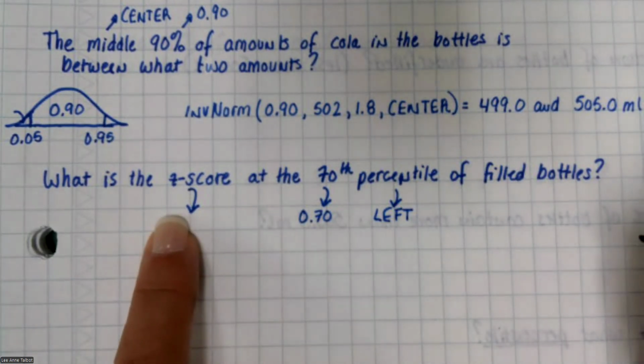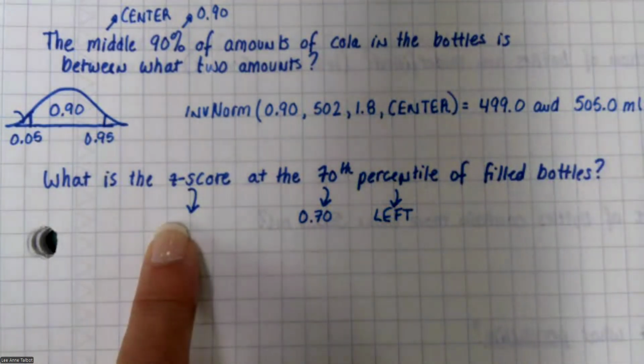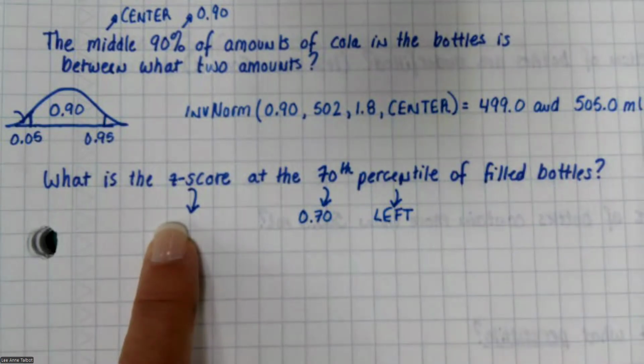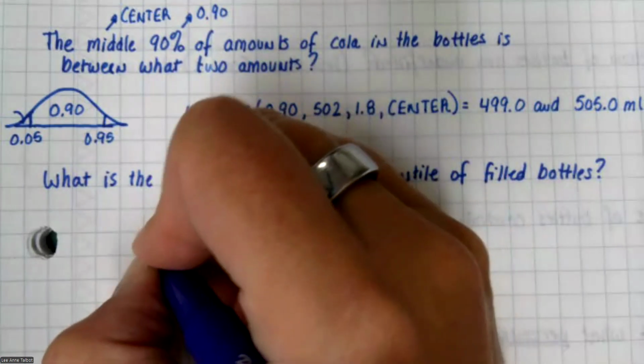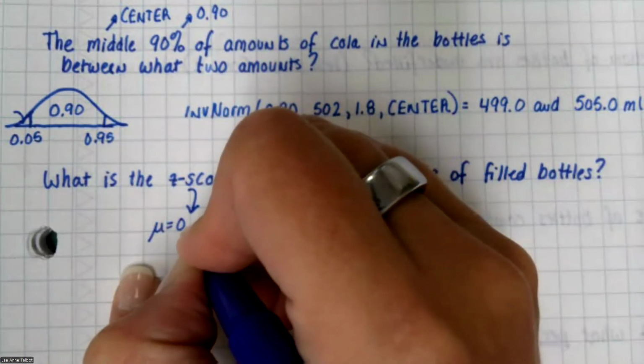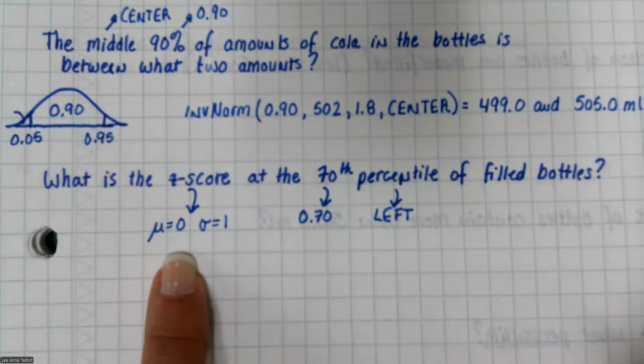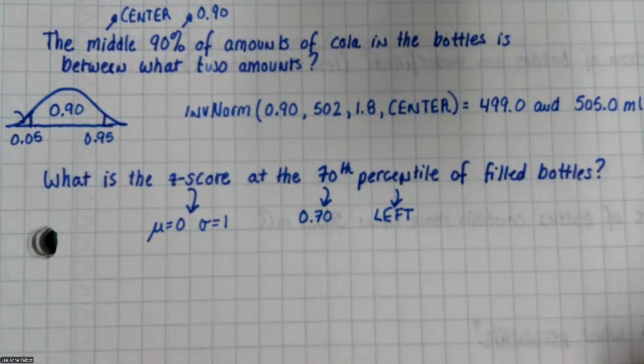Okay, now z-score. What does that translate to? So look at the big magnet. The z-scores are the big numbers that you could read, like even if your vision is terrible. Like it's one of those eye charts. Do you see the z-scores, the big numbers? Okay, what that means is the mean is 0 and the standard deviation is 1. When it says z-score, you have to translate it to that.